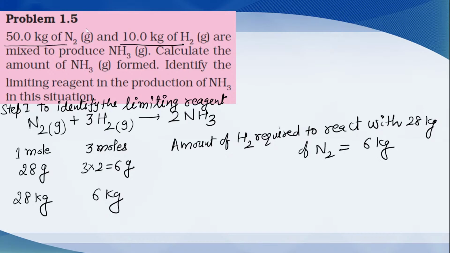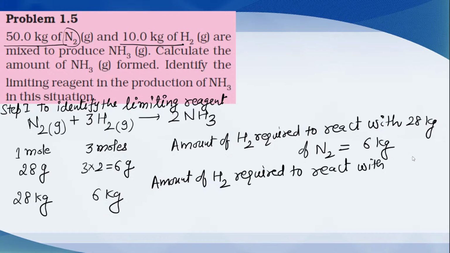Now what is the amount of nitrogen we have? 50 kg. So now the amount of hydrogen required to react with 50 kg of nitrogen. For 28 kg, the amount required is 6 kg.